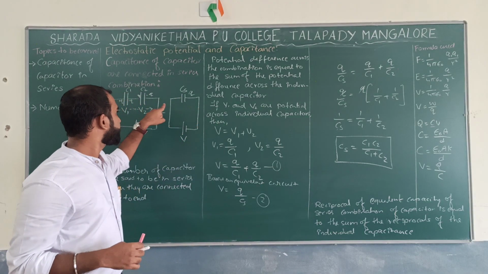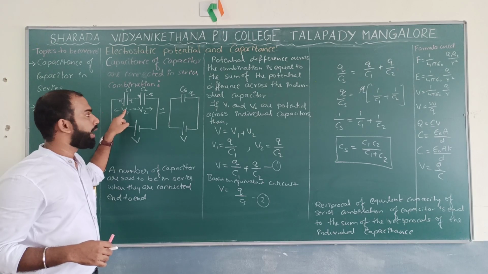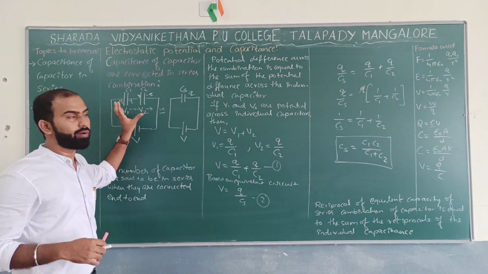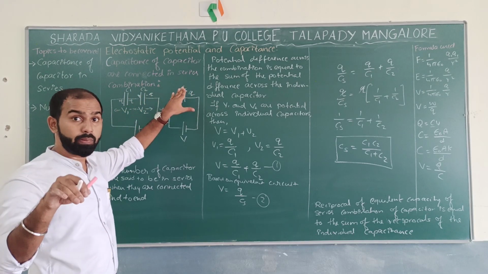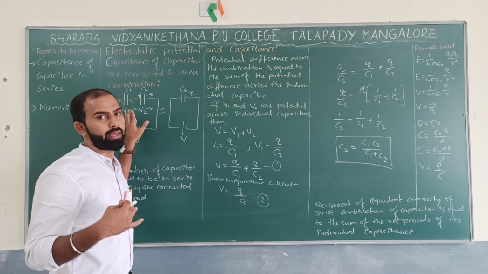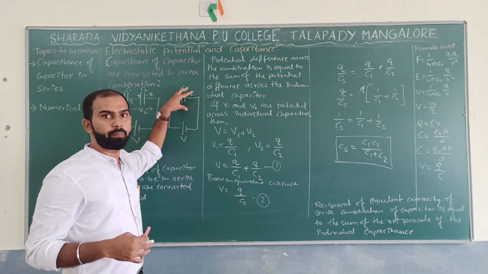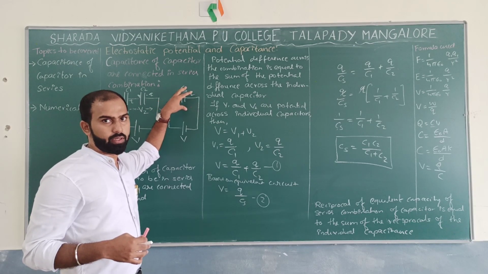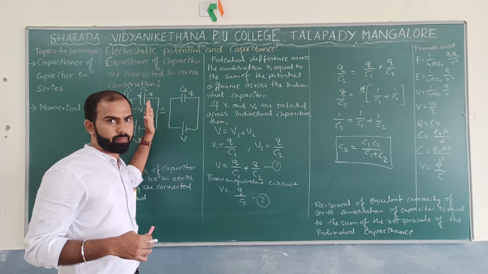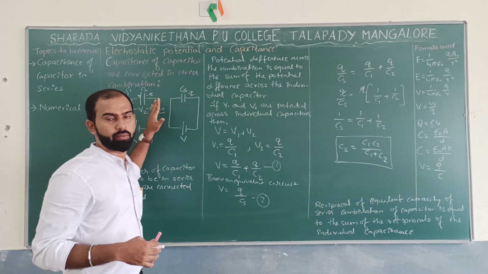In the sense, if I connect 1 microfarad and 2 microfarad, the value of equivalent capacitance should be less than 1 microfarad. How can I generalize this relation? The equivalent capacitance of the circuit should be lower than the lowest capacitance in the particular circuit.